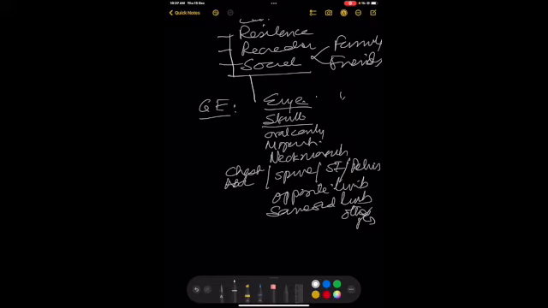Okay, so this forms your general examination, but of course you don't forget the pulse, respiration, blood pressure, and temperature.